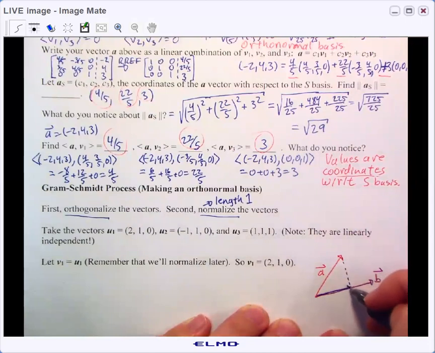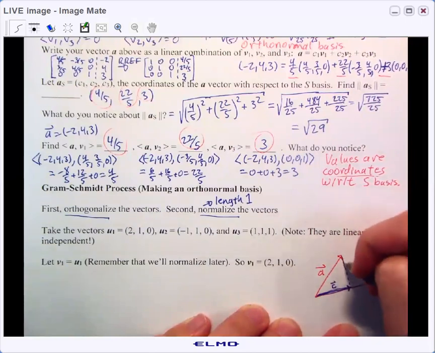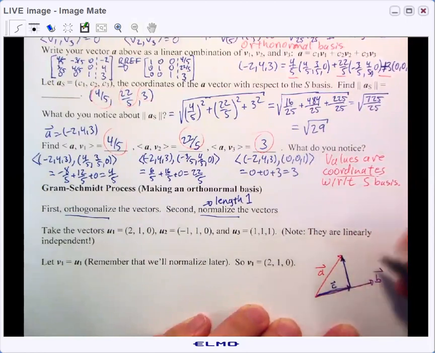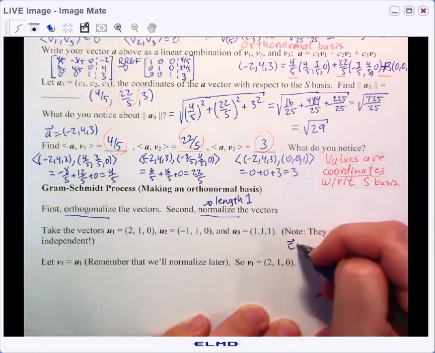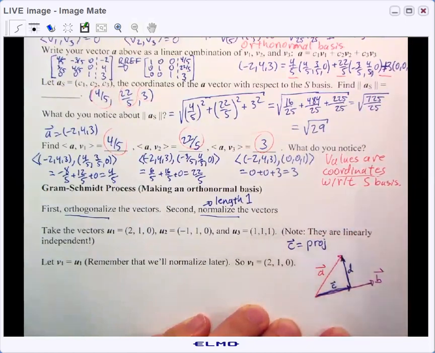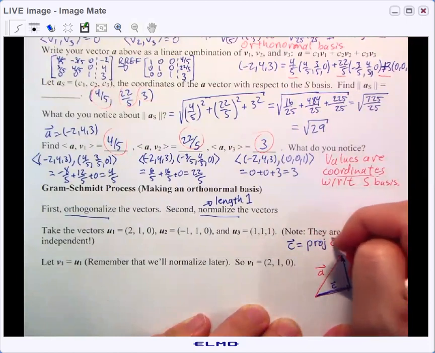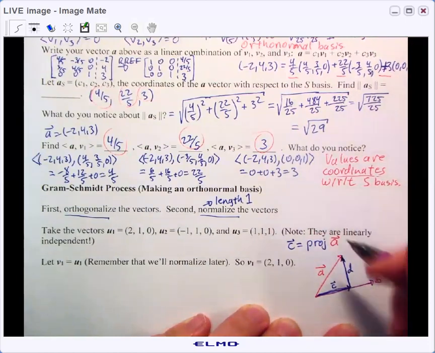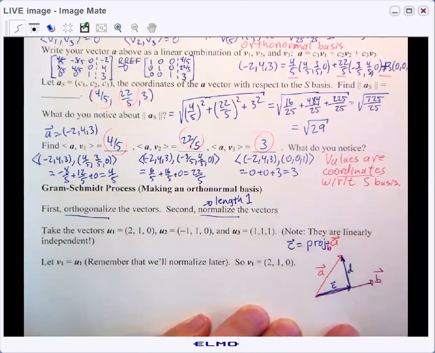Let me call this vector here C, and I'll call the vector that's left over from the shadow up to the desired vector D. So in essence, the C vector is the orthogonal projection of the A vector onto the B vector, acting like the screen that we're projecting onto.